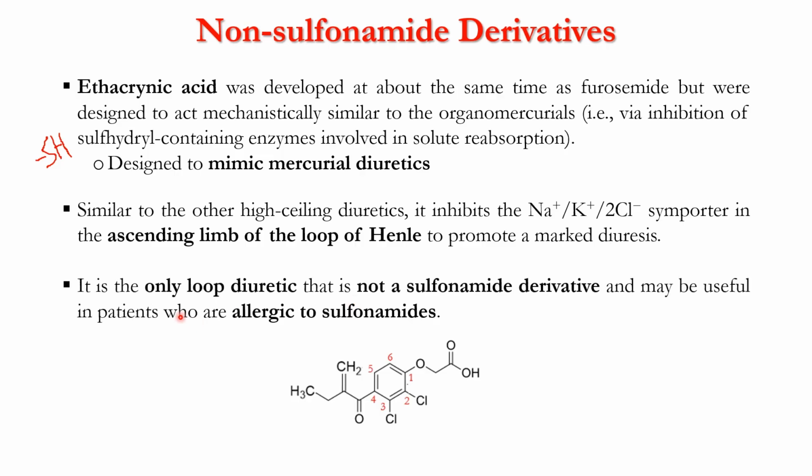Remember, ethacrynic acid is the only loop diuretic that is not a sulfonamide derivative, and it may be useful in patients who are allergic to sulfonamides.